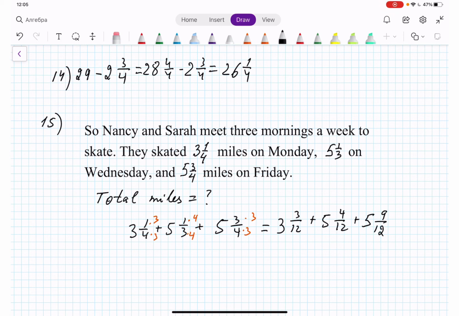The whole part, 3, 5, 5, is going to be 13. Denominator is 12. Now let's add the numerators. So 3 plus 4 is 7. 7 plus 9 is 16.